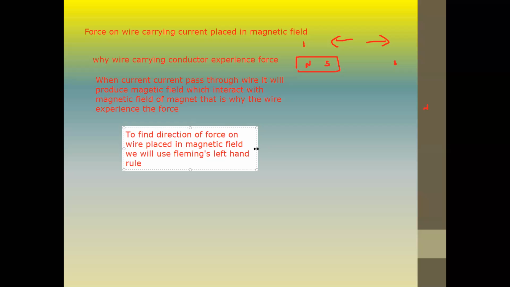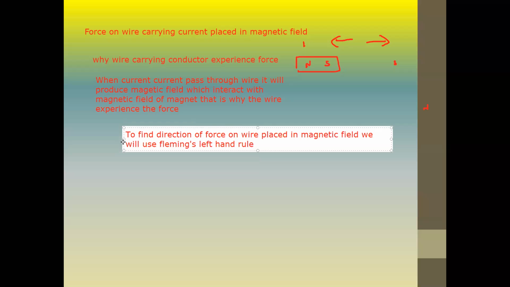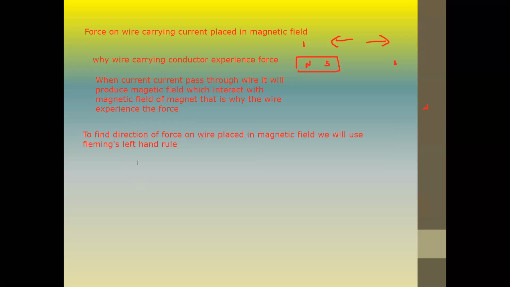So if you want to find the direction of the force on a wire which is placed in a magnetic field, we will use Fleming's left hand rule.